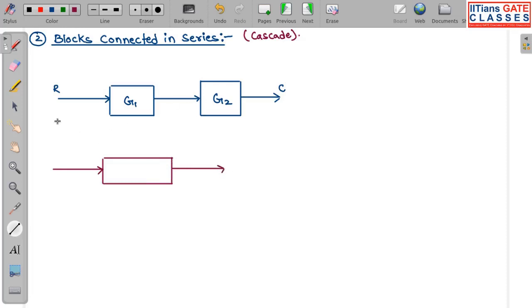So simply I can replace this by an equivalent block having transfer function G1(s)G2(s). Sorry, I didn't write s in parentheses over here, so it's okay. Let me skip it altogether. So this is R and this is C. So I can replace this whole block by a block something like this.